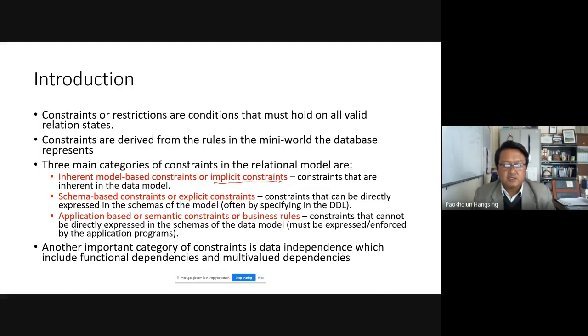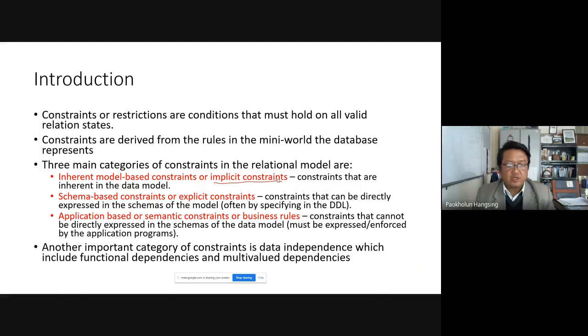And the next one is schema-based constraint or explicit constraint, constraints that can be directly expressed in the schema of the model itself. For example, when we design a database schema, we build some constraints in the design itself.